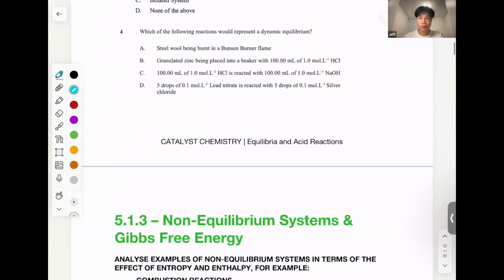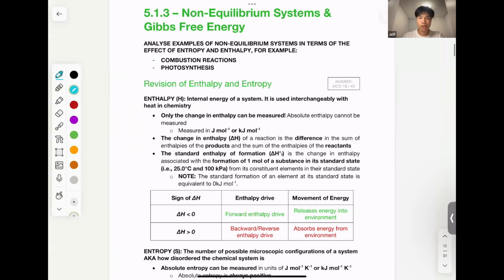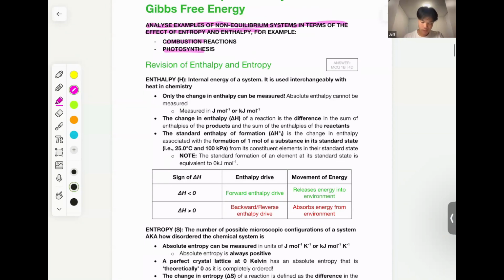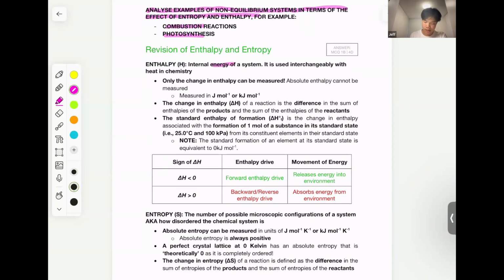We then move into non-equilibrium systems and Gibbs free energy. So you have the dot point asking you to analyze examples of non-equilibrium systems in terms of the effect of entropy and enthalpy, for example, combustion and then photosynthesis. So you should now know enthalpy is essentially the kinetic energy, the heat energy of a system, and it's used interchangeably with heat.